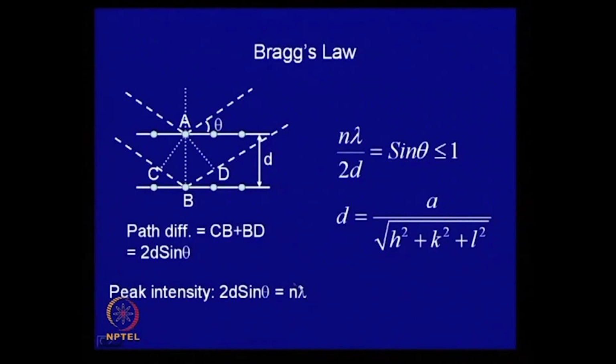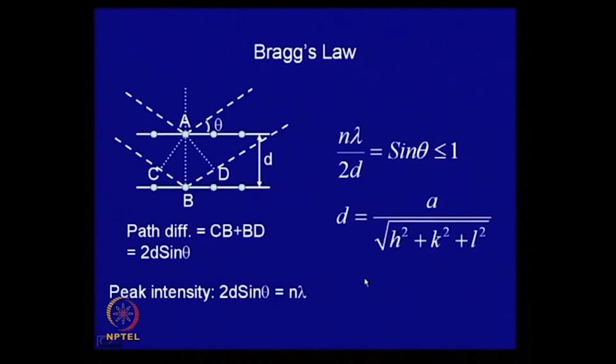Now, you can rewrite this expression in a different way. Say n lambda over 2d is equal to sin theta, and we know that sin theta is always less than 1. So, therefore, you can see that in order to get a diffraction pattern, the wavelength of X-ray has to be substantially less than the lattice parameter of the metal.